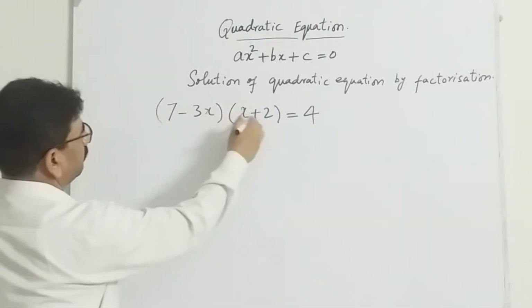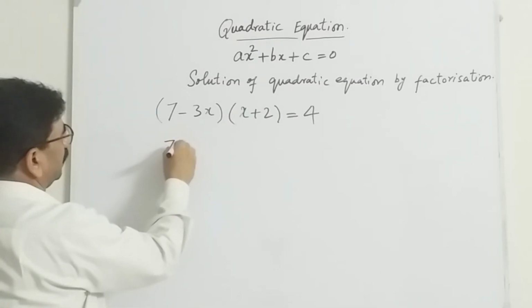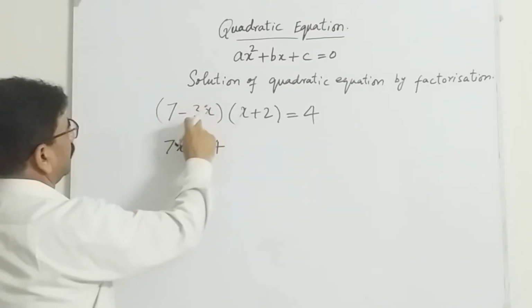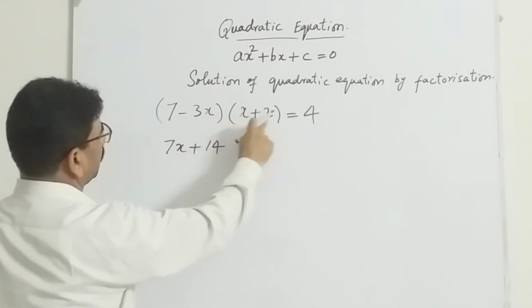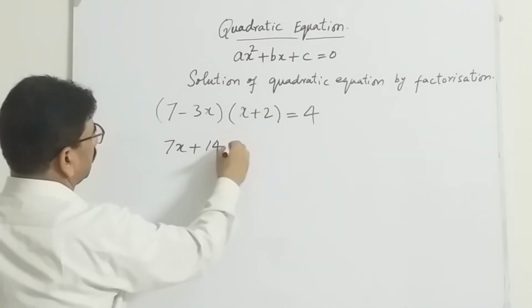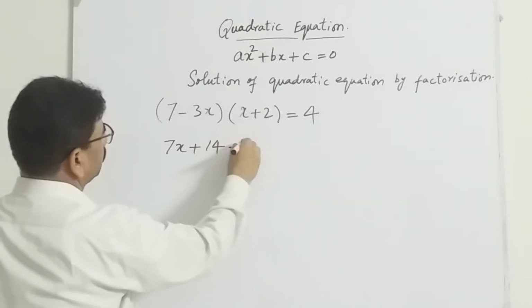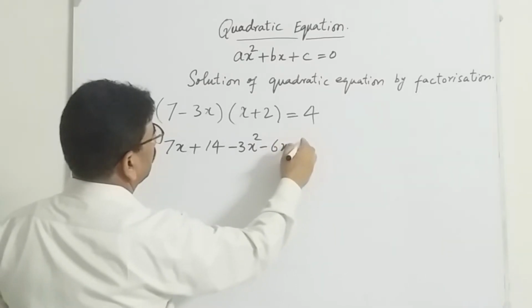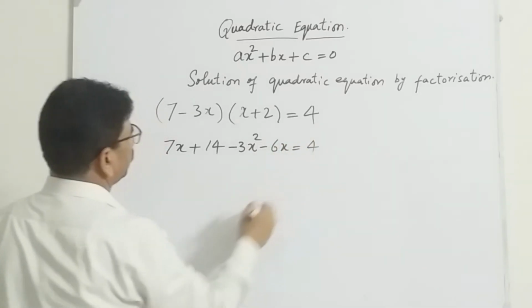First 7 will be multiplied with x plus 2 and we will get 7x plus 14. Then minus 3x will be multiplied with these two terms and we will get negative 3x square minus 6x equal to 4.